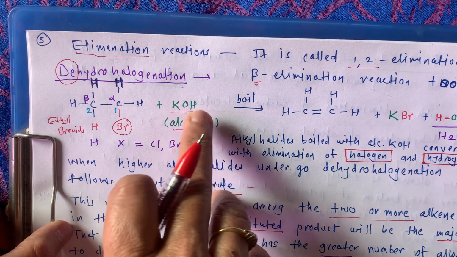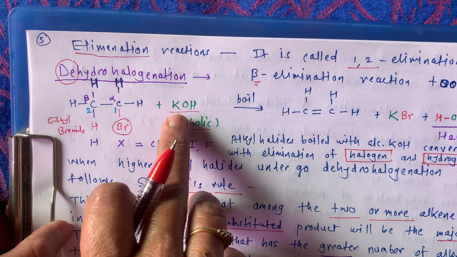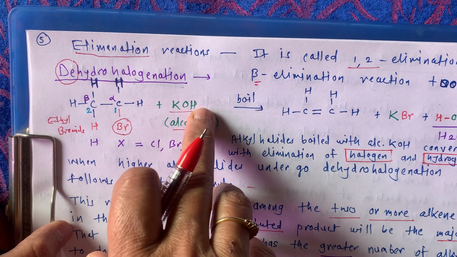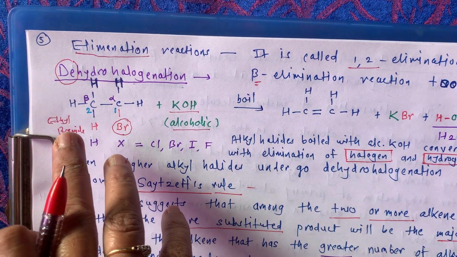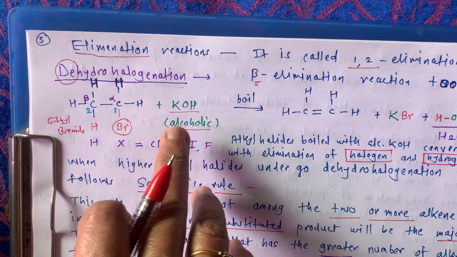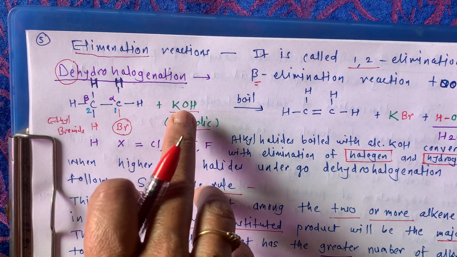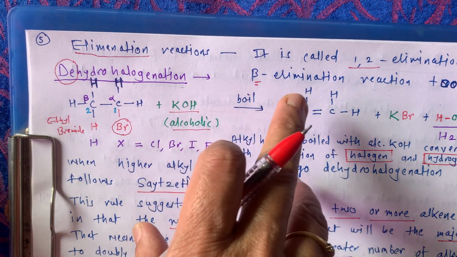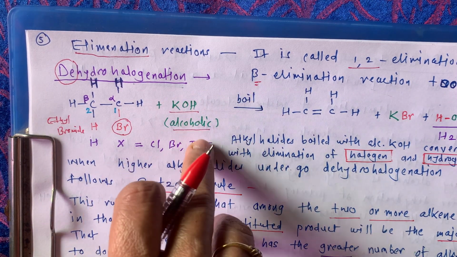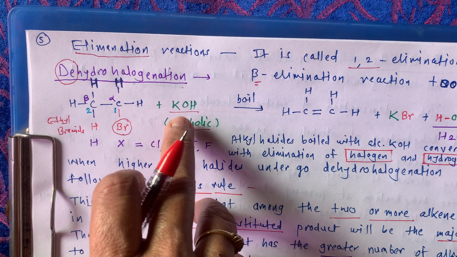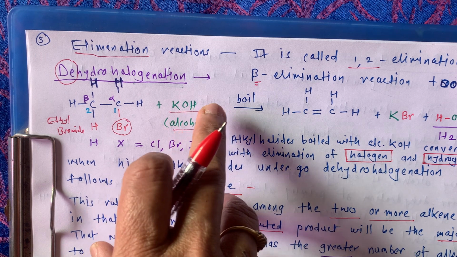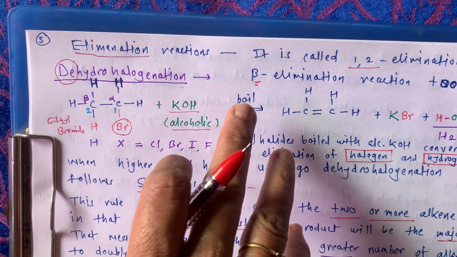If it is liquid KOH, then the state of KOH is liquid. Please understand this thing. Alcoholic means KOH dissolved in alcohol; aqueous KOH means KOH dissolved in water; and liquid KOH means the state of KOH is the liquid state.